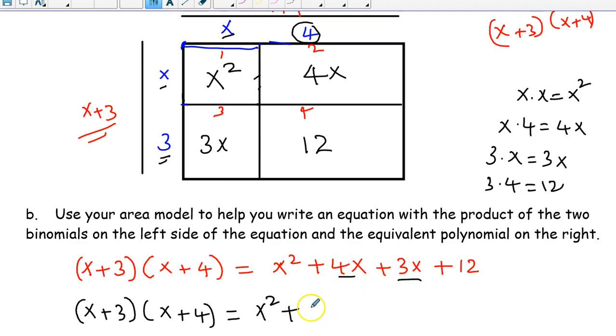To 4x's add 3x's to give 7x. 4 plus 3 is 7, and the constant is 12. Right? That's all. This is the answer. This is the product obtained by multiplication of those two binomials. And here, what is the thing we used? We made use of the area model. Okay, so you please try problems of this type. Okay, thank you.